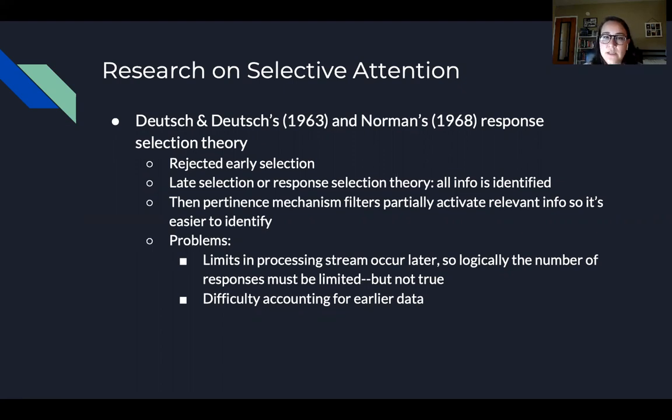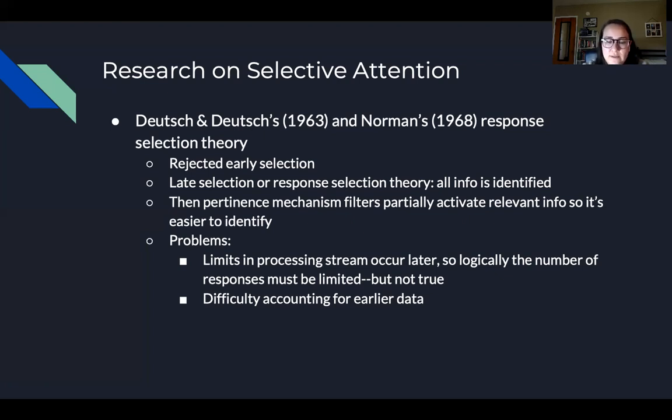Essentially, this theory assumes that all information is processed to the point of identification or recognition, after which some sort of meaning-making mechanism determines whether the information should receive further processing. This meaning-making mechanism, or pertinence mechanism, is tuned to certain topics, so that information regarding these topics then activates it.